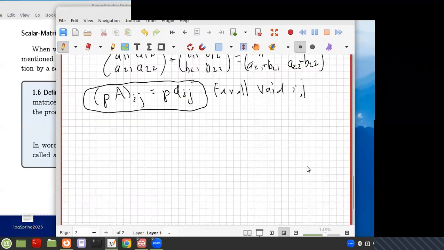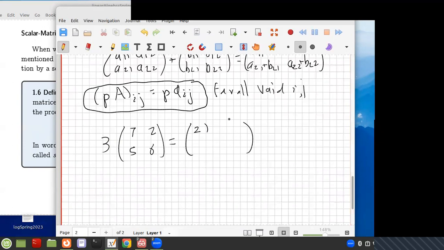So, for example, if I wanted to multiply 3 times 7, 2, 5, 6, this is going to equal, well, 3 times 7 is 21, 3 times 2 is 6, 3 times 5 is 15, and 3 sixes is 18.